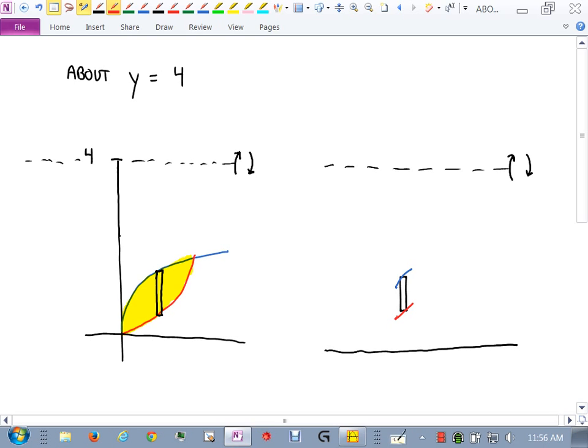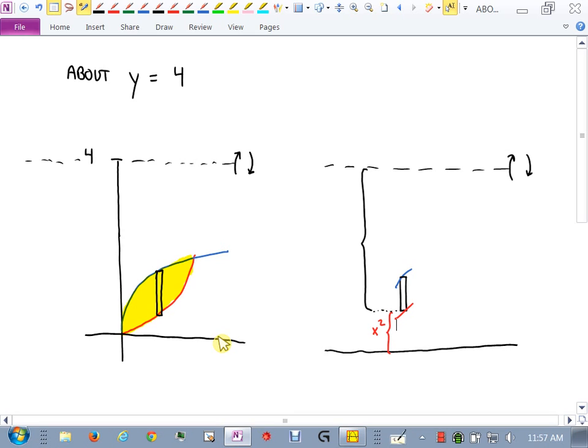We know only this, that from here to here is x squared. We're trying to find the distance from the axis of rotation down to that red one, which is 4 minus x squared. Because we know the distance all the way from the axis of rotation to the x-axis is 4.